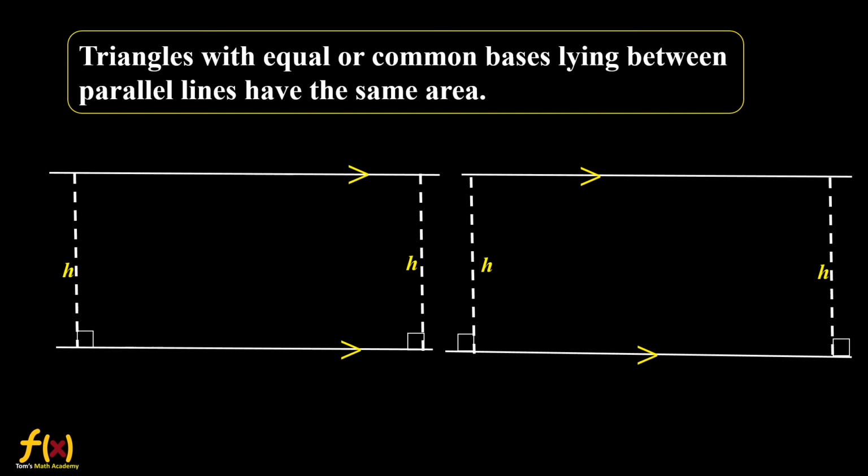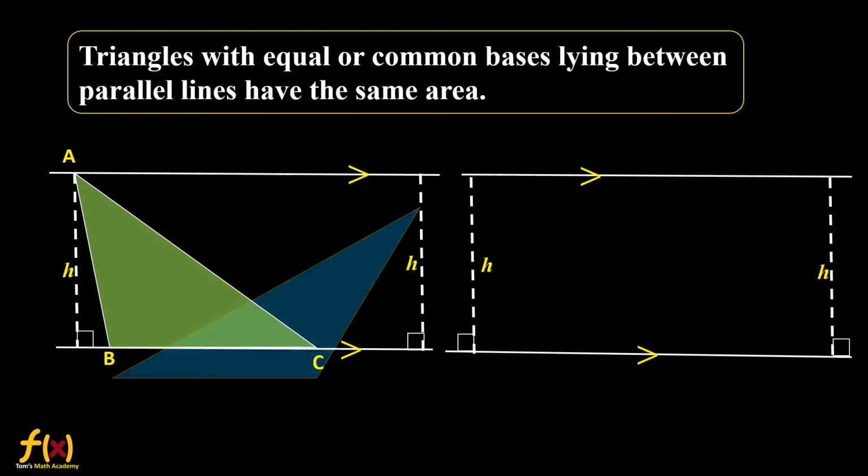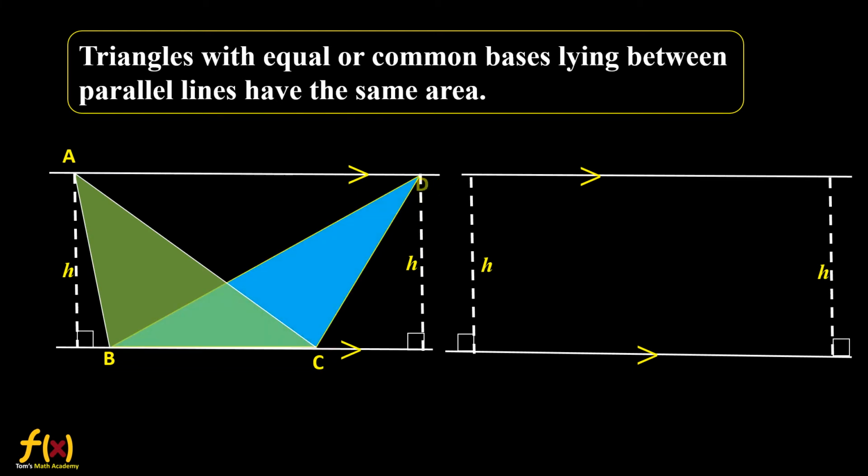Now let us discuss the triangles. Triangle ABC. Another triangle, we can call it BCD or DCB. Anyway, what we notice is that the base for the two triangles is the same. BC is the base.